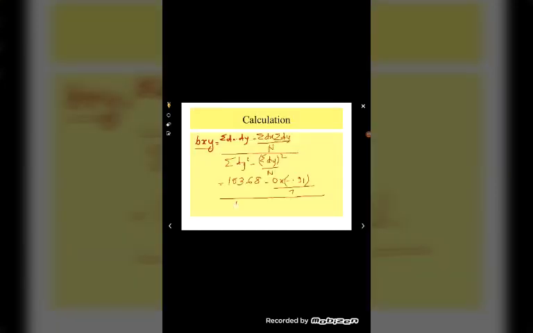So here we have to write it down, 11.394 minus, next is the summation of dy, whole square. You know that summation of dy is minus 0.91.